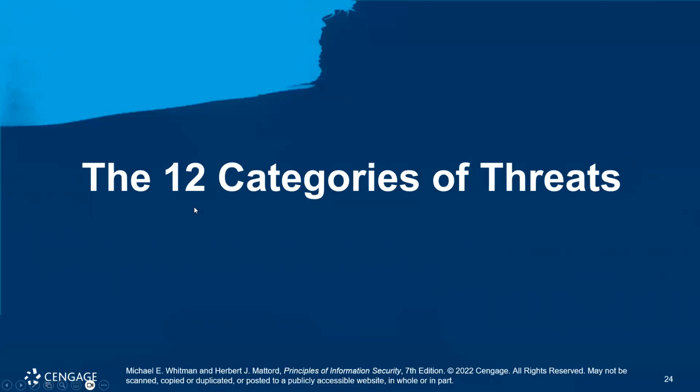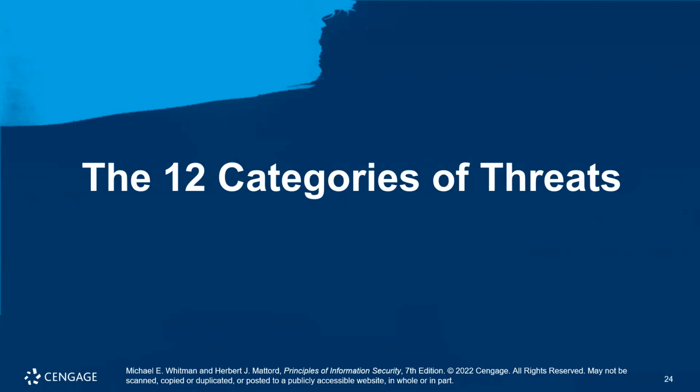What I'd like you to do next is, in the interest of time here, I'd like to finish the 12 categories of threats just briefly on Monday, and then I'd like to take up and revisit our solution on Monday, so sort of a round 2 for the solution.